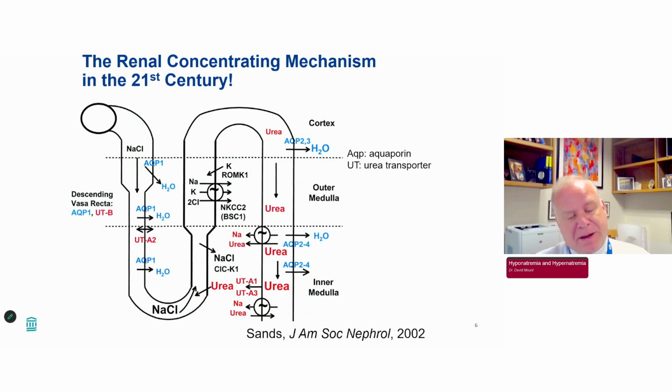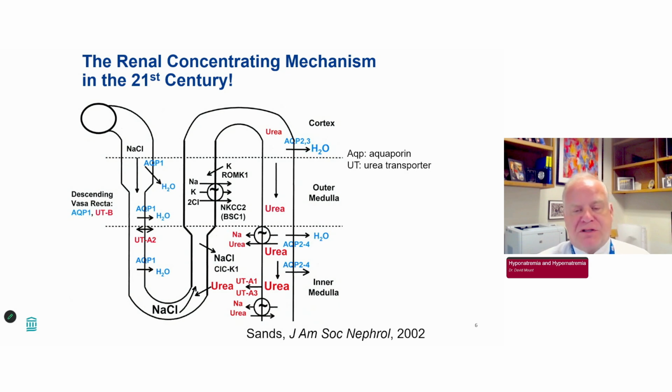And then a transcellular chloride channel, CLC-K1, plays a big role in passive salt transport in the ascending thin limb. And then in the ascending thick limb, that's the countercurrent multiplier for the renal concentrating mechanism through the NKCC cotransporter and the ROMK channel. Urea is absorbed along the nephron, but primarily in the medullary collecting duct, and plays a big role in allowing us to concentrate the urine in the setting of high protein intake.